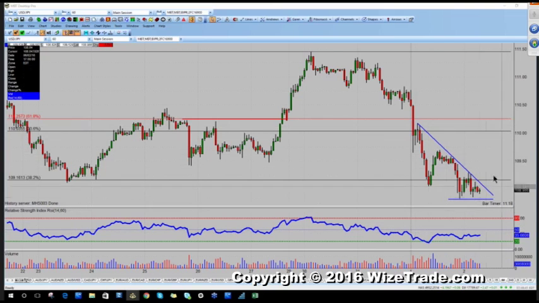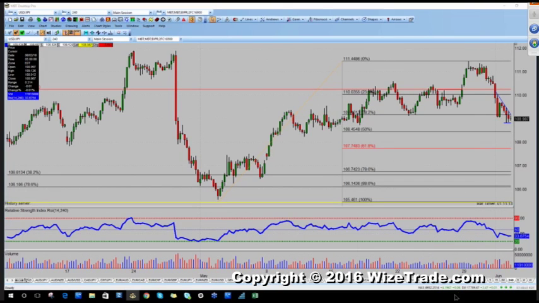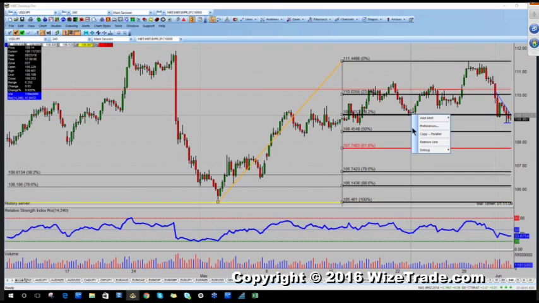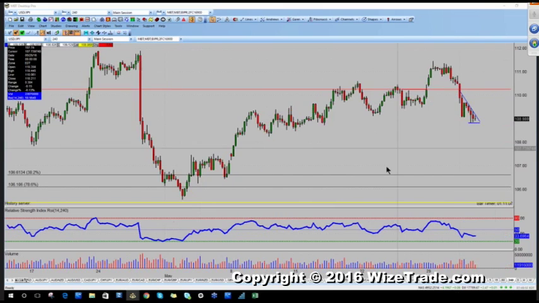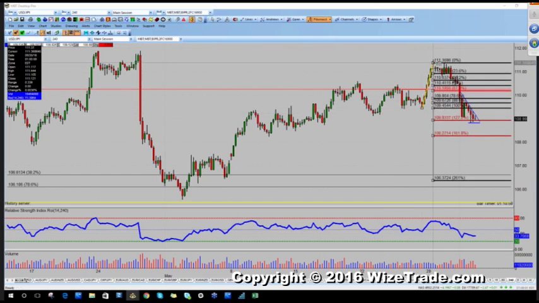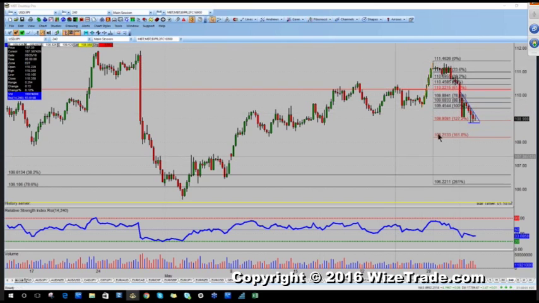Let me double check something else. We're sitting right at the 38% retracement of that. Let's remove that for a second. That's the 127% extension.